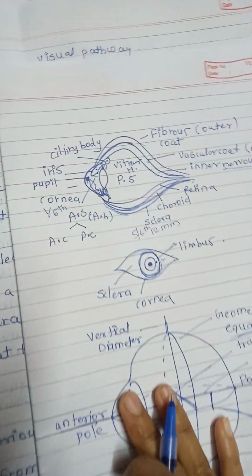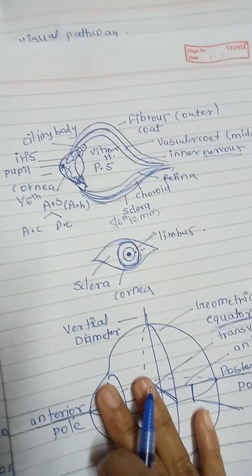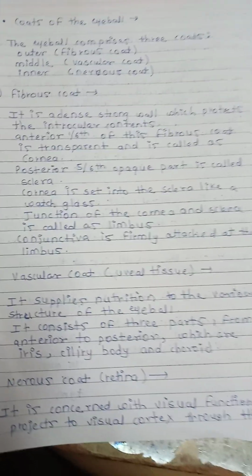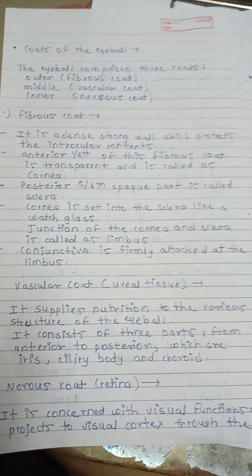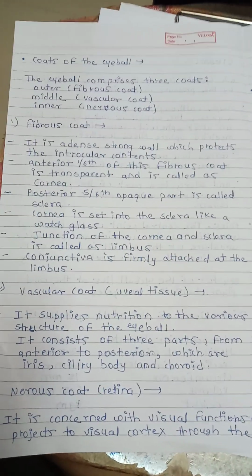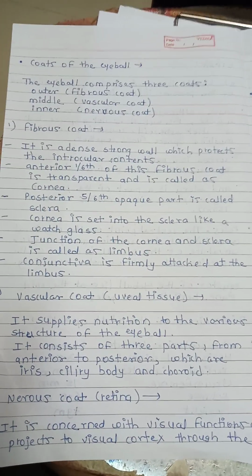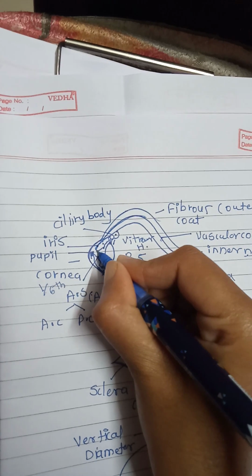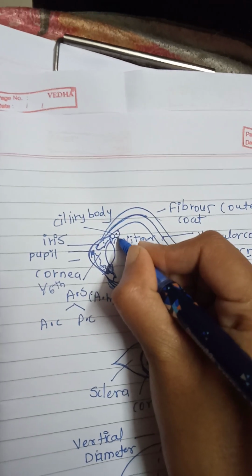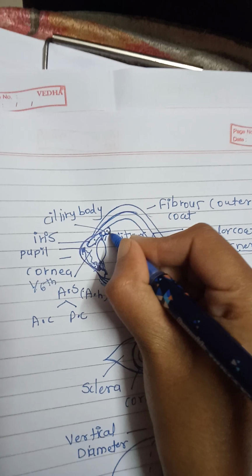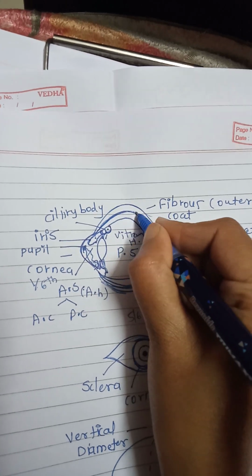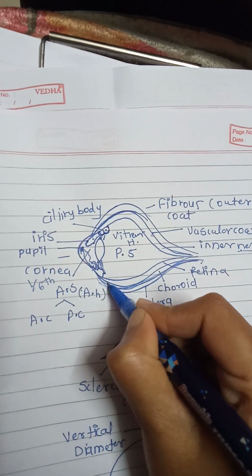It consists of 3 parts from anterior to posterior, which are the iris, ciliary body and choroid. The iris is attached to the ciliary body, and the choroid is the second most layer.